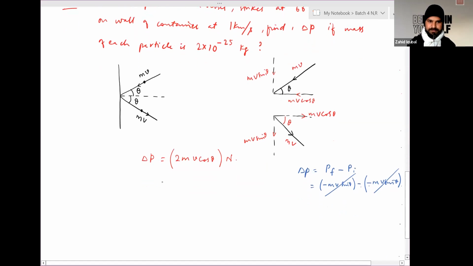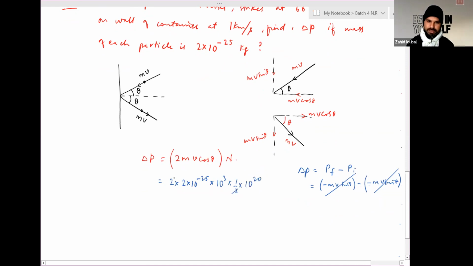Let me solve. 2 times mass of particle, we have 2 into 10 to the power minus 25 kg. Velocity of the hitting is 1 kilometer per second, that will be 10 to the power 3 meter per second. Theta 60 degree, cos 60 is 1 by 2, and number of particle 10 to the power 20.